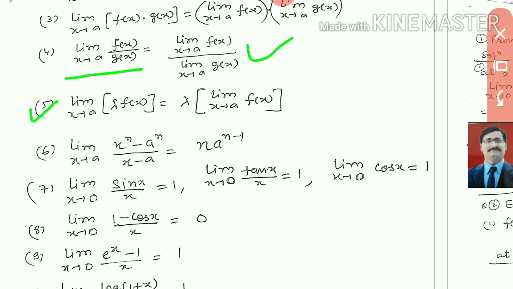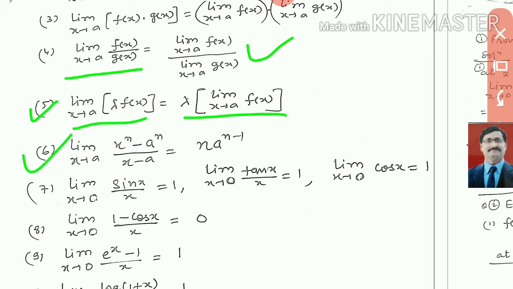Now if you have any constant multiplication, limit x tends to a lambda f(x), here lambda is a constant. That constant you take outside, and you can write limit x tends to a f(x). All understand this? Now these are the basics.